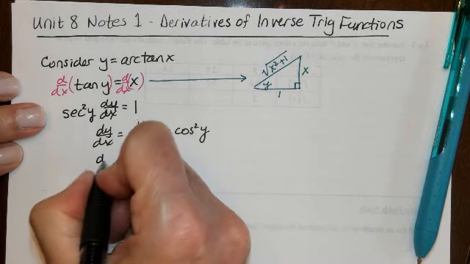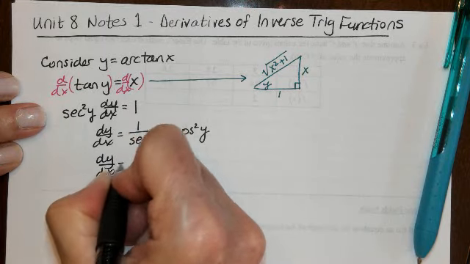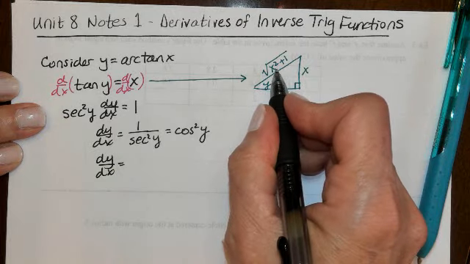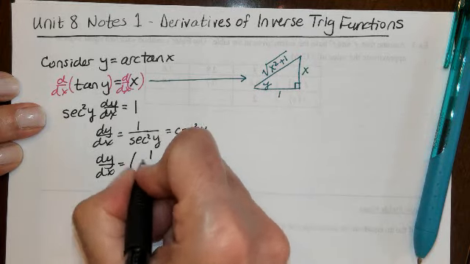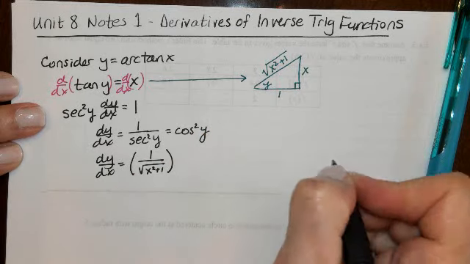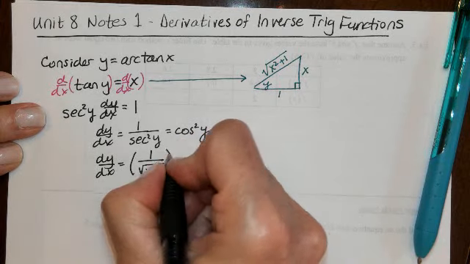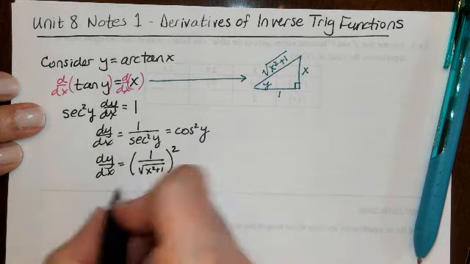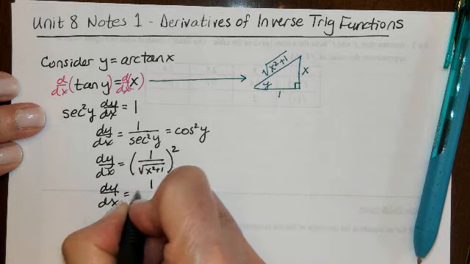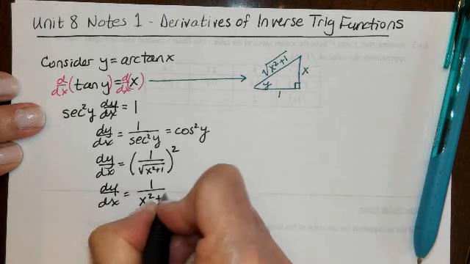So cosine of y would be adjacent over hypotenuse, 1 over square root x squared plus 1. And then we square it because cosine is squared. So dy dx is equal to 1 over x squared plus 1.